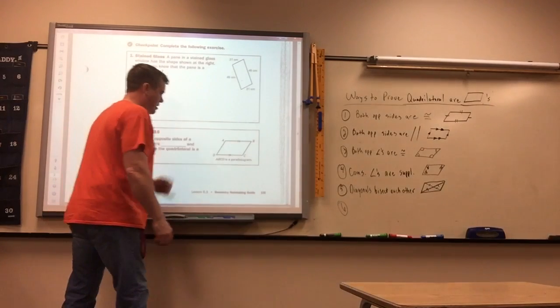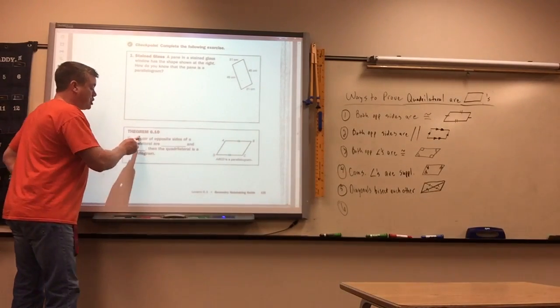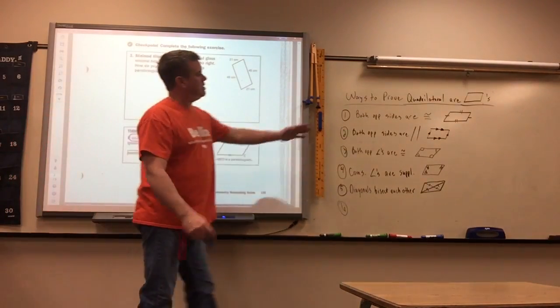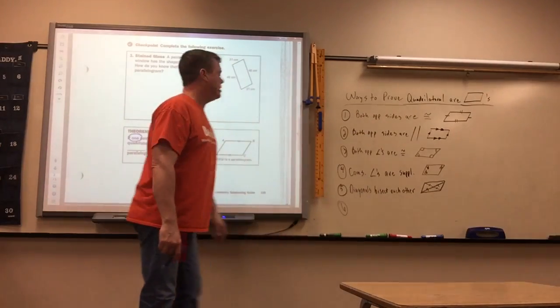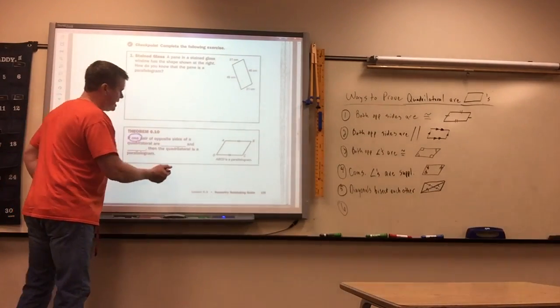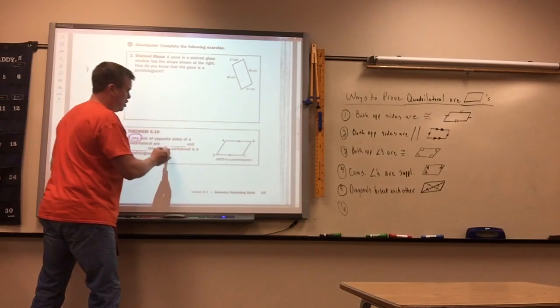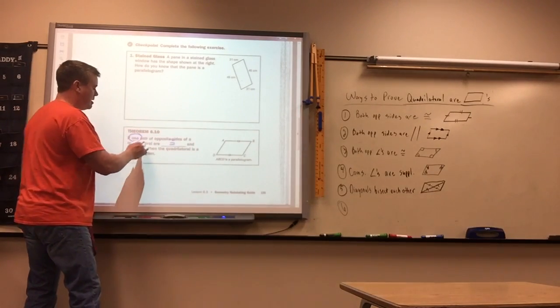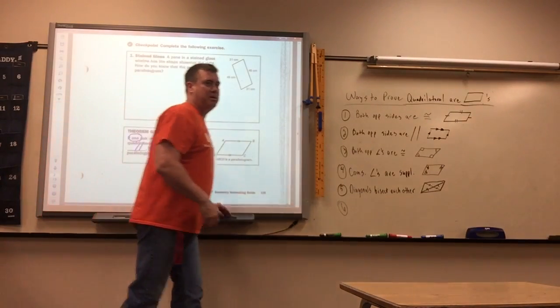It is right here. See here it had to be both opposite sides, but if just one pair of opposite sides are both congruent and parallel, that means it's a parallelogram.